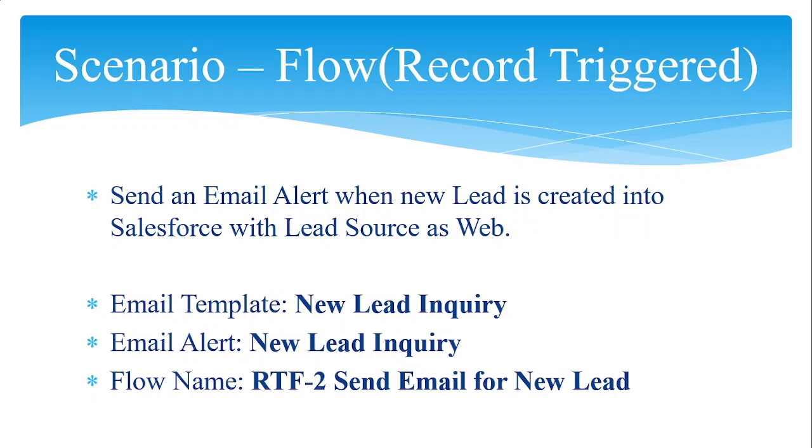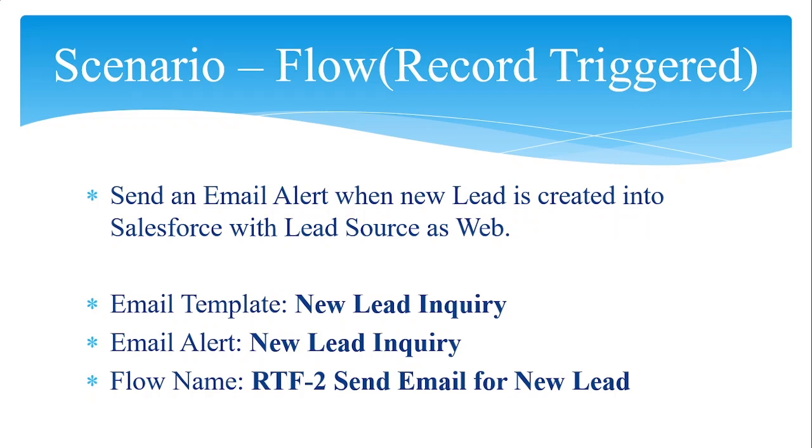Whenever we are getting a new lead, that lead has a name and also an email field. We are going to take that email field data and send an email alert to that mail.